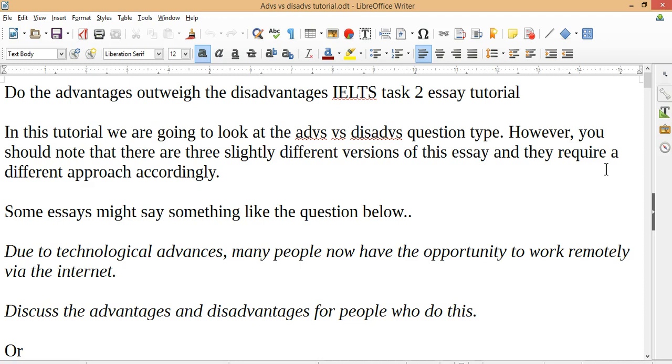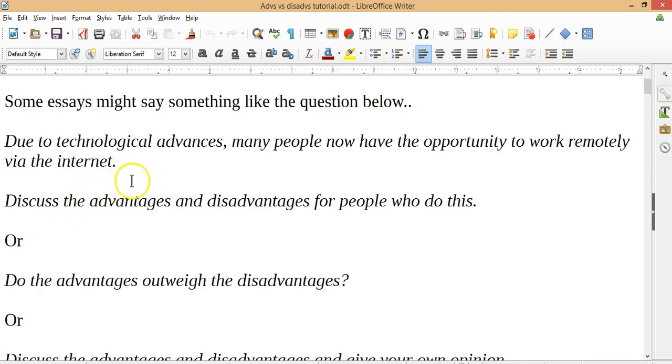So, what we need to note at first is we've got a number of slightly different versions of this question type, and they need a slightly different approach accordingly. So this is the question.